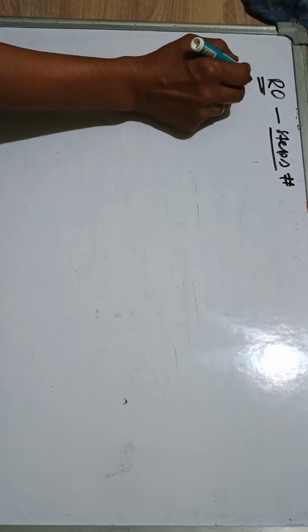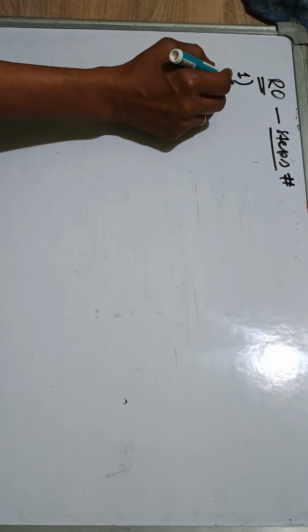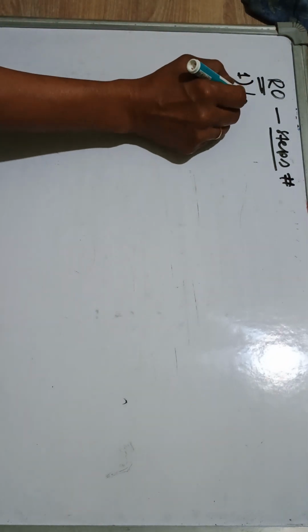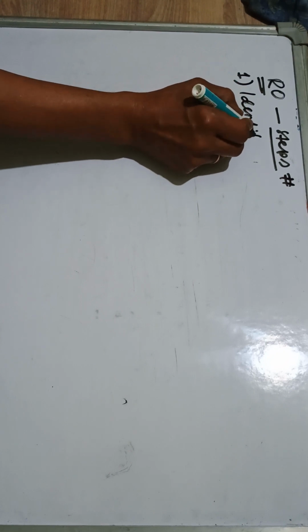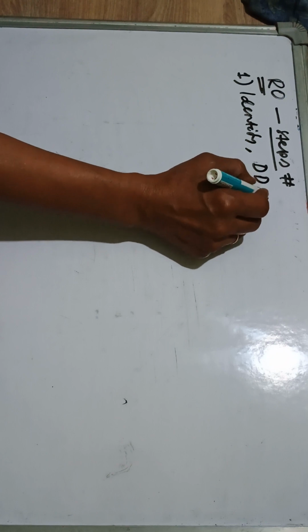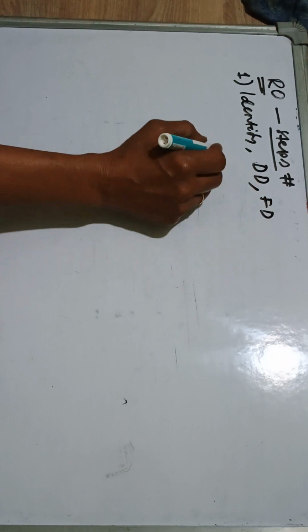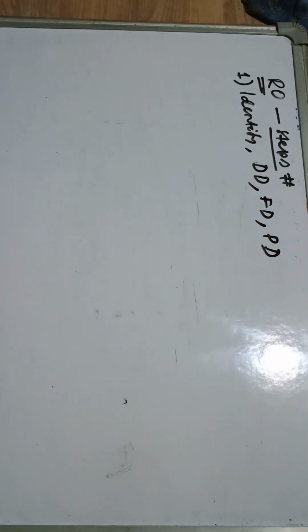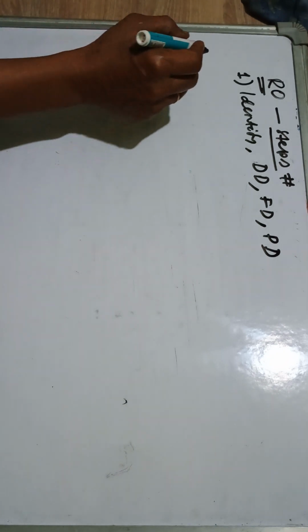Step 1 says first we have to identify the drop digit, followed digit and preceding digit: DD, FD and PD.